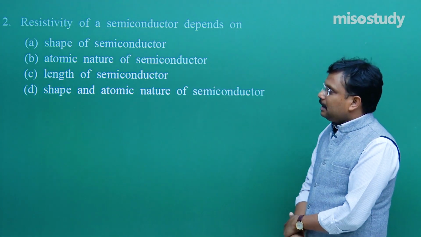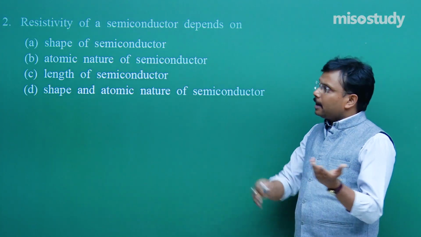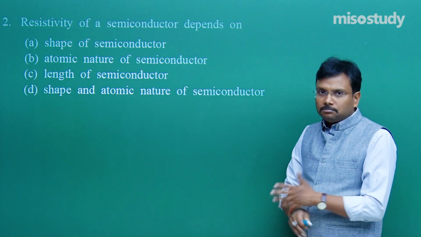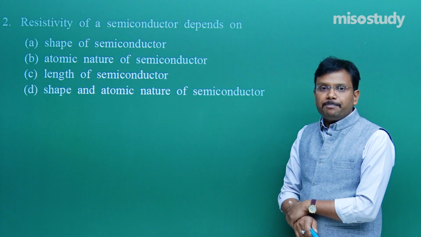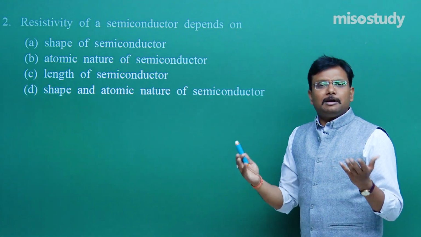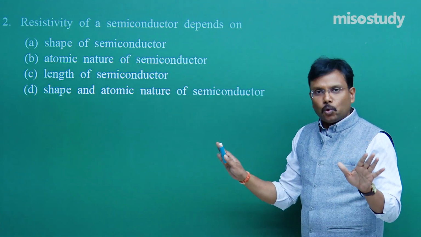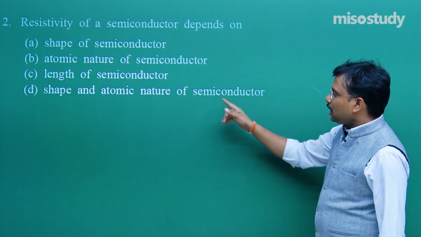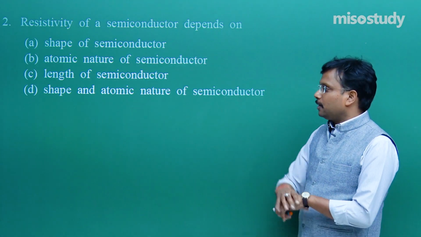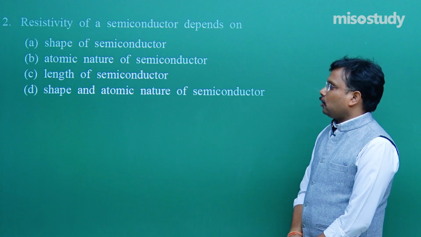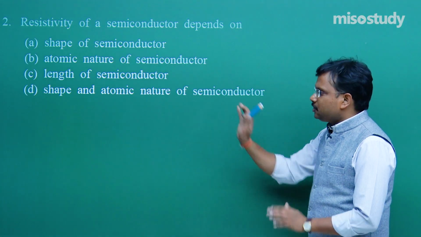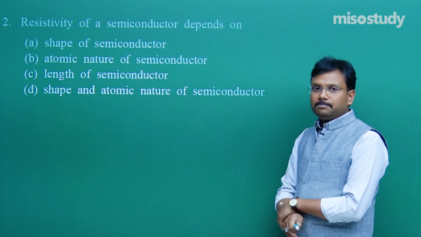Okay. Length of the semiconductor. Length means what? Again, shape. Because we discarded shape, length or any physical parameter has no role. Fine. Fourth one, shape and atomic nature. But atomic nature is okay. Again, shape.